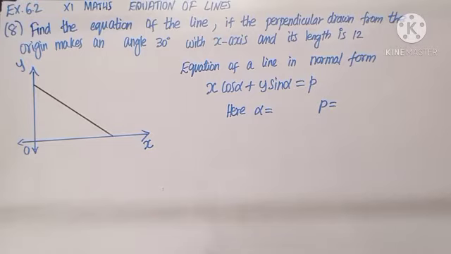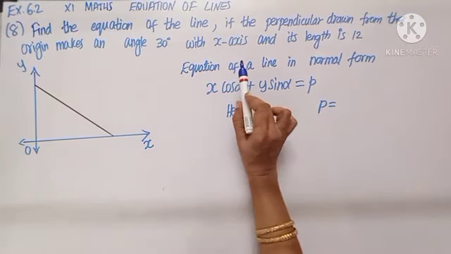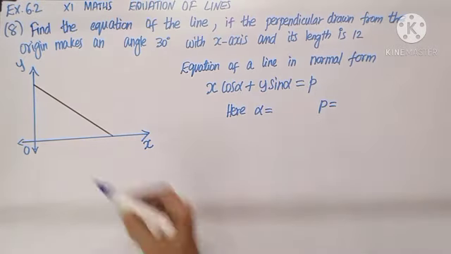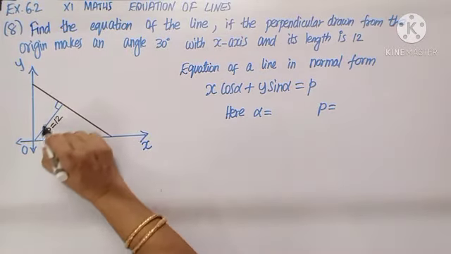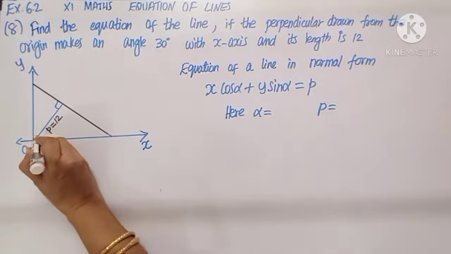Question number 8. Find the equation of the line if the perpendicular drawn from the origin makes an angle of 30 degrees with x-axis and its length is 12. Given a straight line, perpendicular from the origin makes an angle 30.